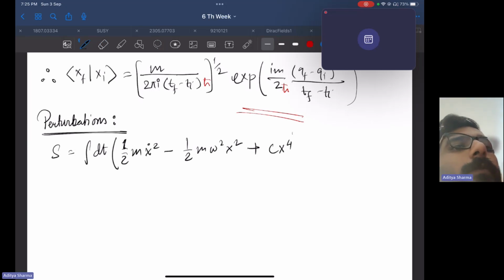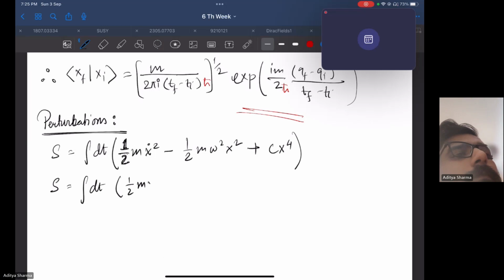Now we want to find the overlap integral for this, or something like that. How do we do that? To do that, we put in a new source term. But then we make a new action.